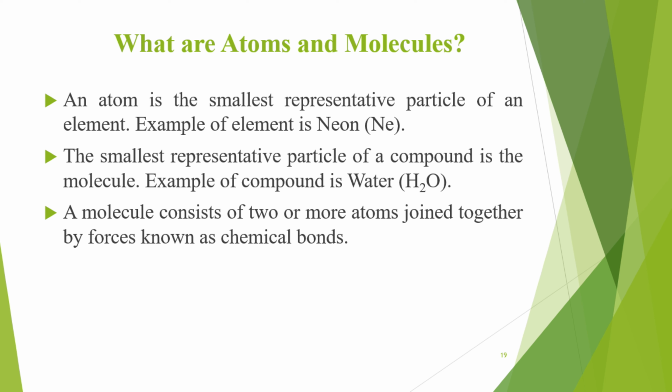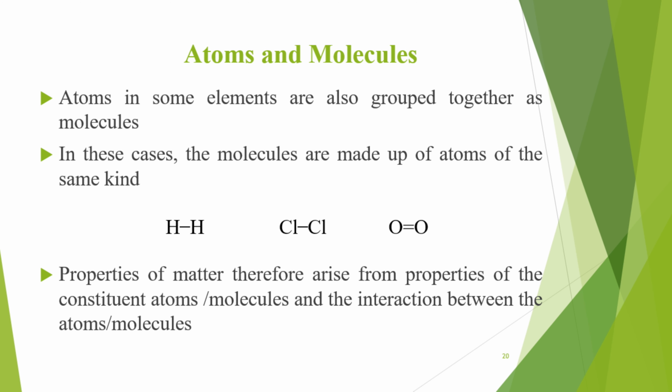A molecule consists of 2 or more atoms joined together by forces known as chemical bonds. Atoms in some elements are also grouped together as molecules. In these cases, the molecules are made up of atoms of the same kind. For example, the hydrogen molecule, chlorine gas molecule, and oxygen gas molecule.